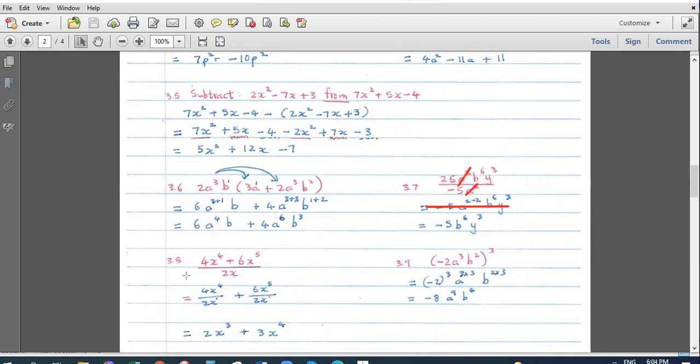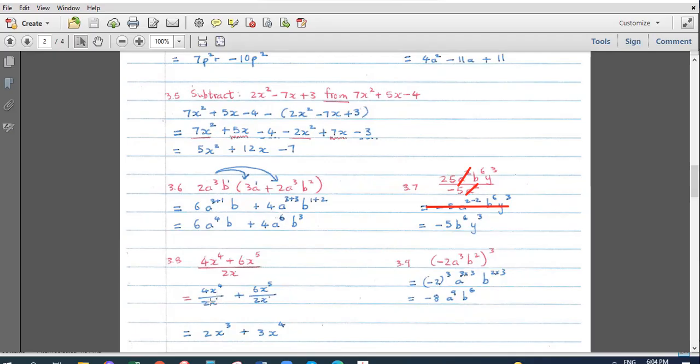So if you look at 3.8, we are dividing. We've got 2 terms at the top and 1 at the bottom. So if we're going to divide, each of the top terms is divided by 2x. Now we'll apply the rules for division. When you're dividing, you subtract the exponents.